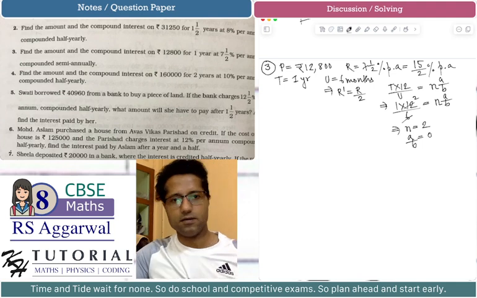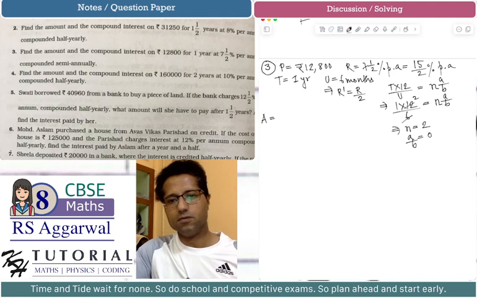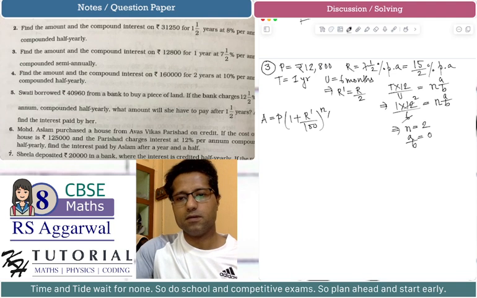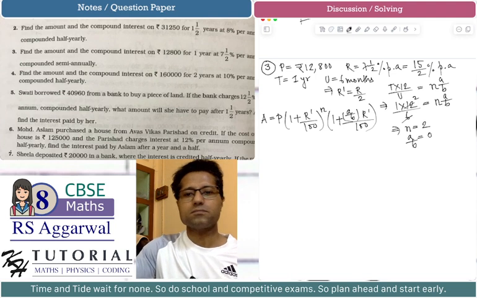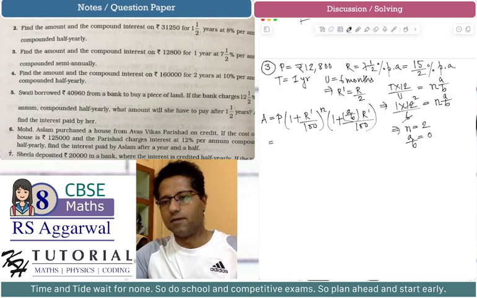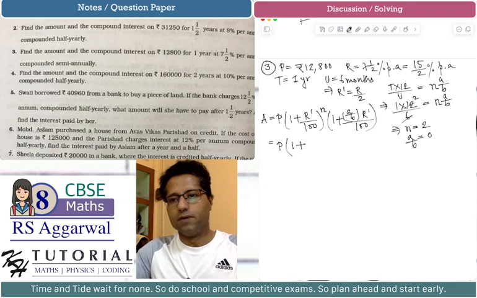It has asked to find the amount and the compound interest. So the general formula is amount is equal to P multiplied by 1 plus R dash by 100 to the power small n, multiplied by 1 plus the fraction A by B times R dash by 100. Putting the values of small n, A by B and R dash, R dash is equal to R by 2 and R is equal to 15 by 2.